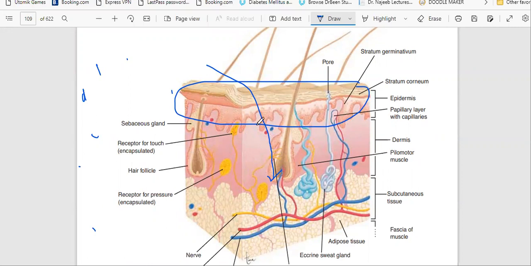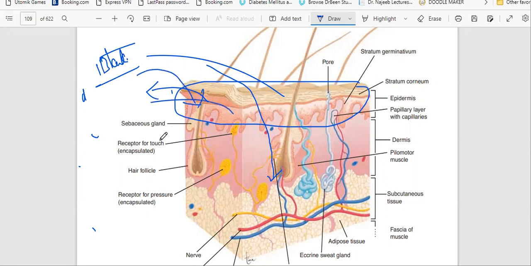Our epidermis will become blackish in color. Why is this happening? Because our epidermis is not able to control whatever amount of electricity came here. So the cells will lose their tissue, the cells will be damaged and burn.